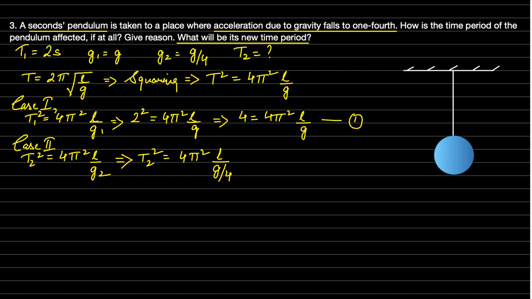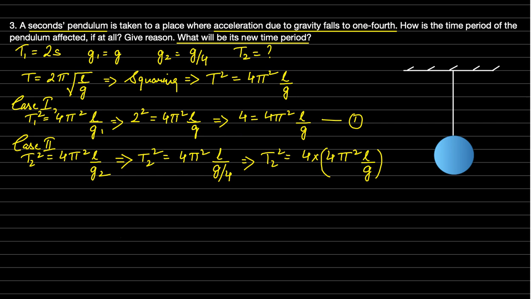So this 4 goes up to the numerator and we get T2 square is equal to 4 into 4 pi square L divided by g. Now if I just put a bracket here, from equation 1, 4 pi square L by g is equal to 4, as we can see here.